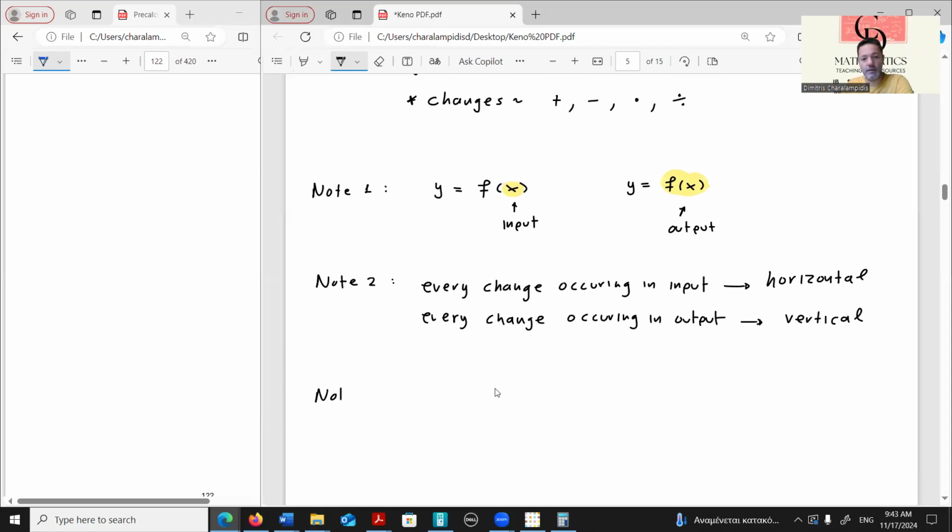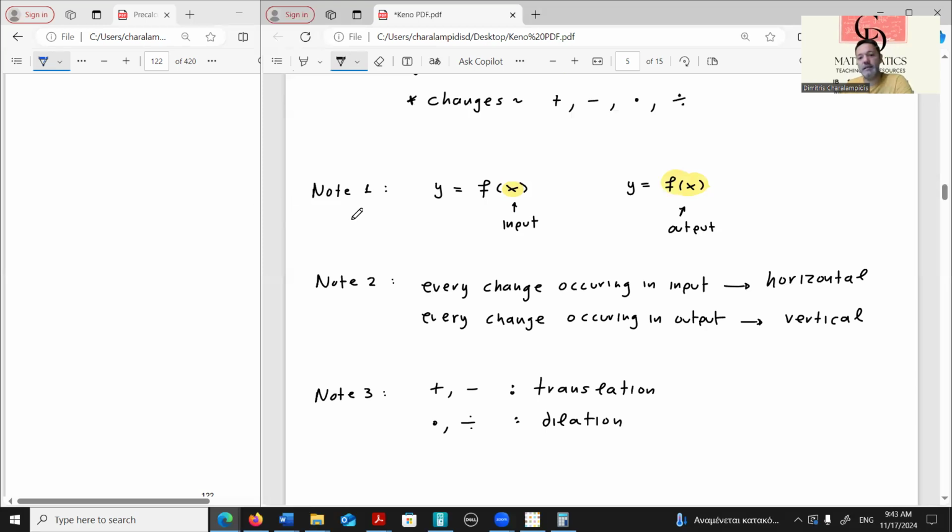Note number 3. If we add or subtract, then we call that a translation. If we multiply or divide, we call that a dilation.